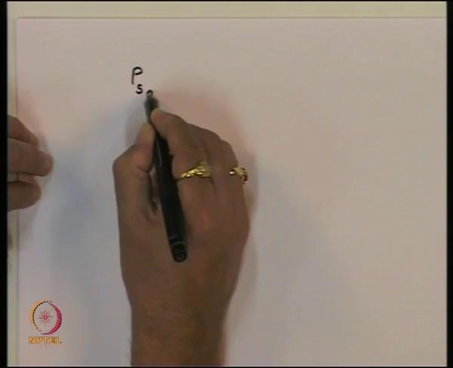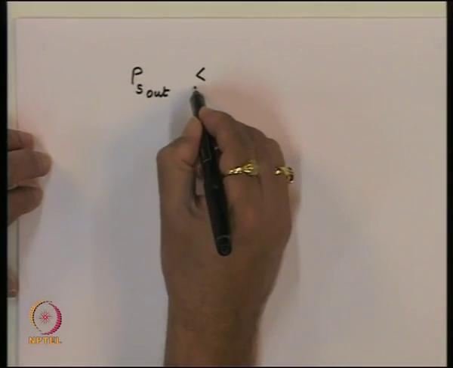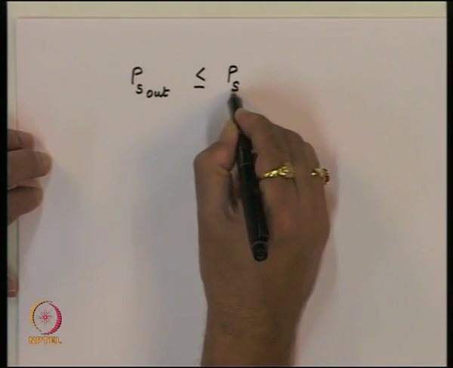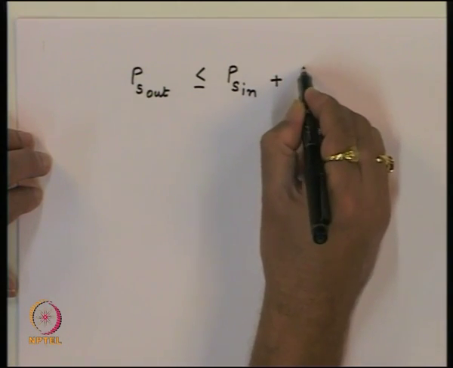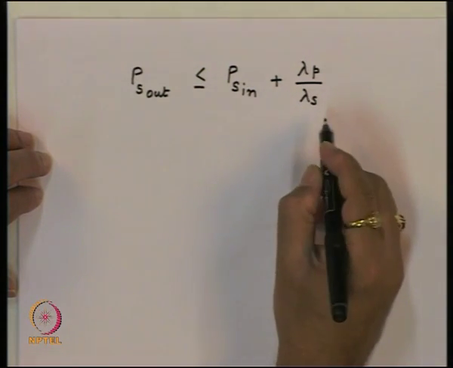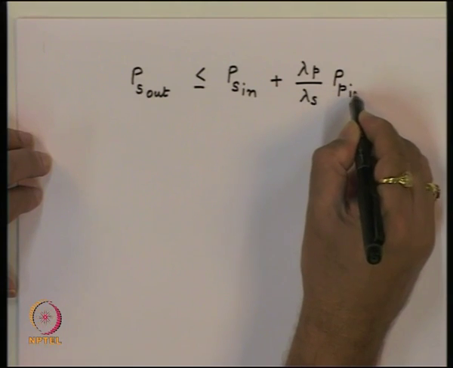So the signal power at the output will be less than or equal to the signal power we have put in the input plus lambda p upon lambda s times the pump power supplied to the system.